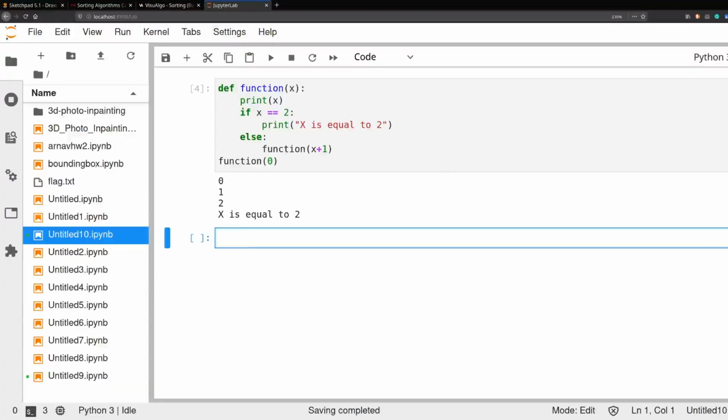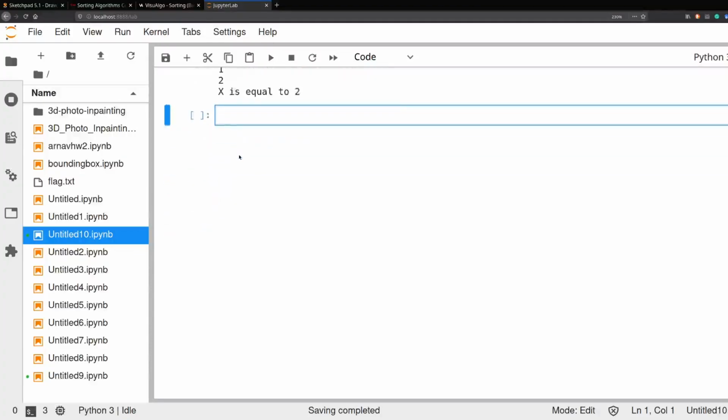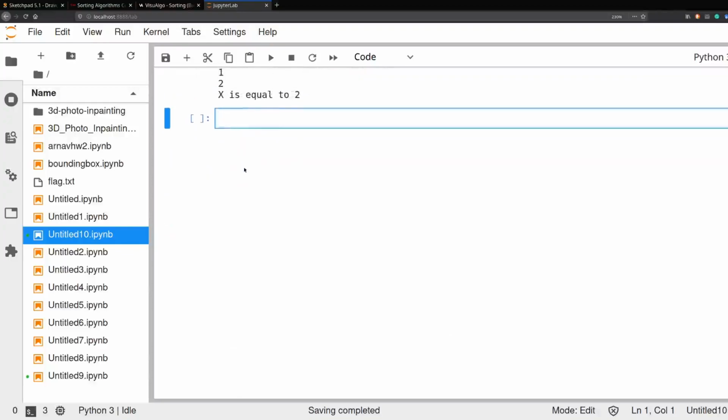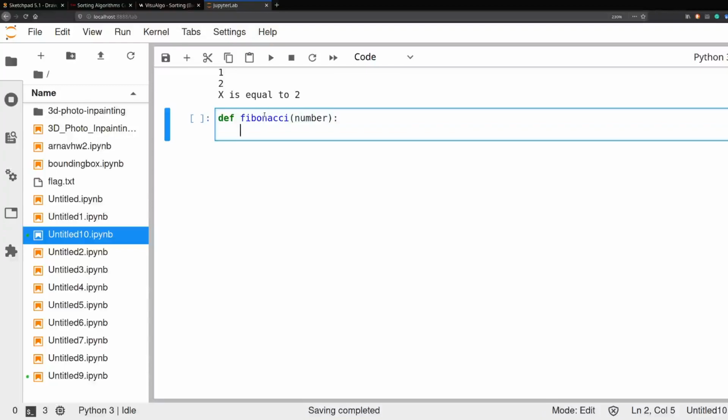Now, implementing this in a program without recursion is very difficult, and using recursion actually makes it more understandable. So let's go ahead and begin by making a Fibonacci function.